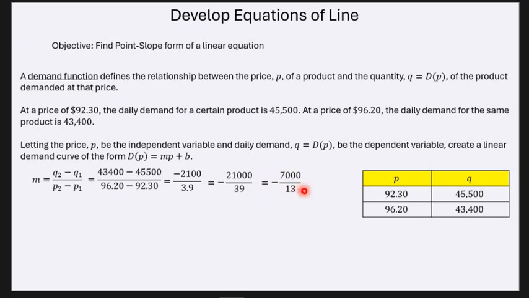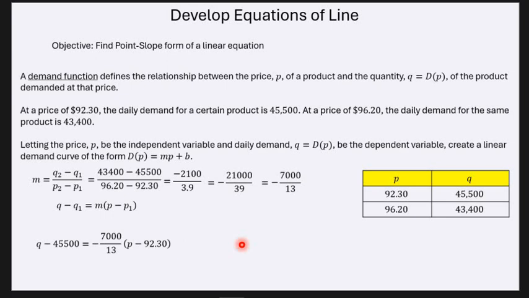With this slope and the point P1, Q1, we can use the point slope form. Q minus Q1 is equal to M times P minus P1. We can use that point slope form to come up with an equation. So we'll plug everything in. It's going to be Q minus Q1, which is 45,500, is equal to M, negative 7,000 over 13, times P minus P1, where P1 is 92.30.